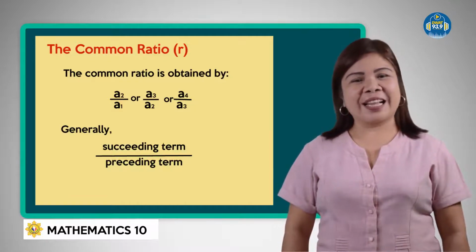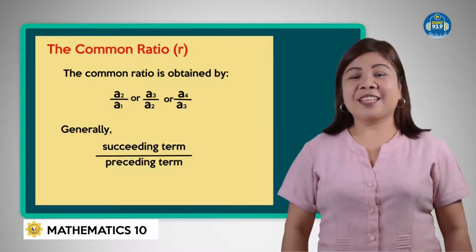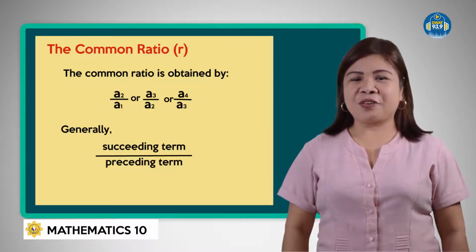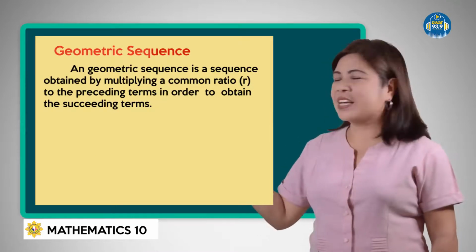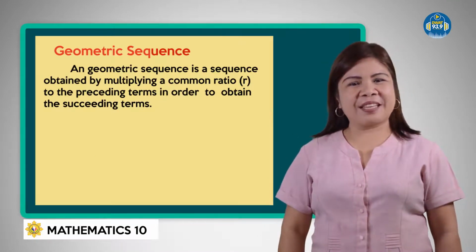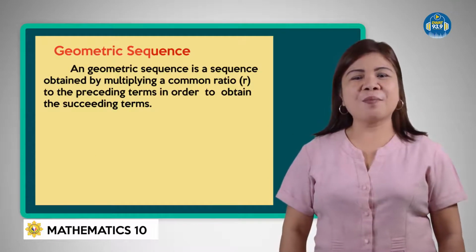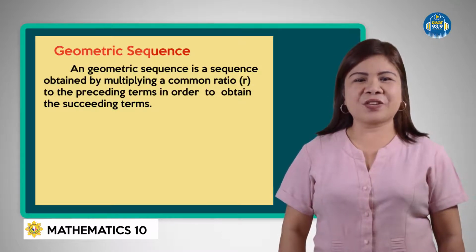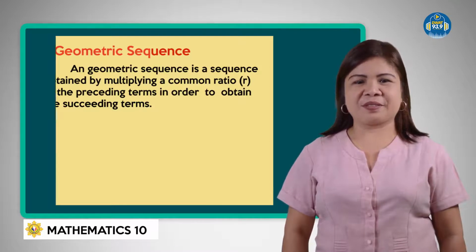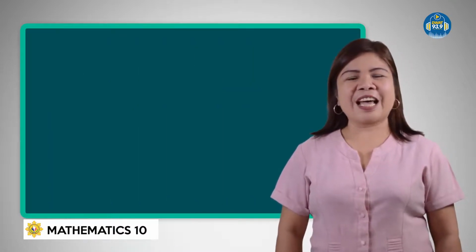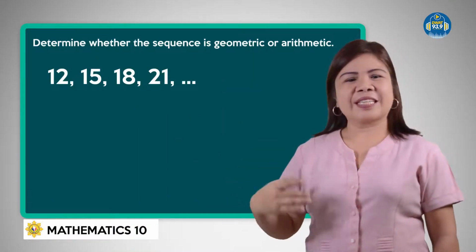So, in general, the common ratio is succeeding term over preceding term. Remember, a geometric sequence is a sequence obtained by multiplying a common ratio to the preceding terms in order to obtain the succeeding terms. Let's have more examples.